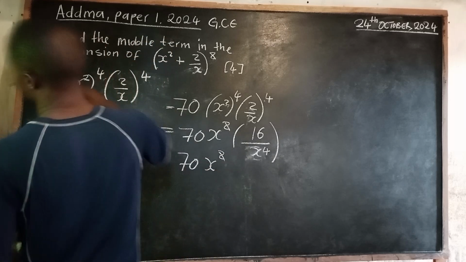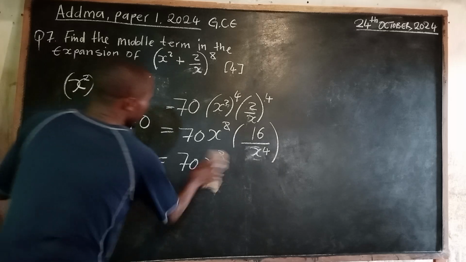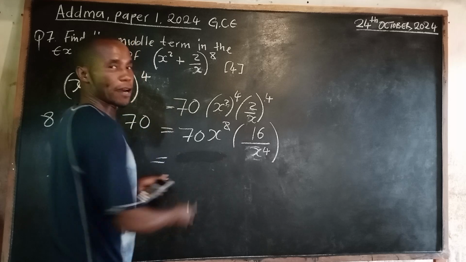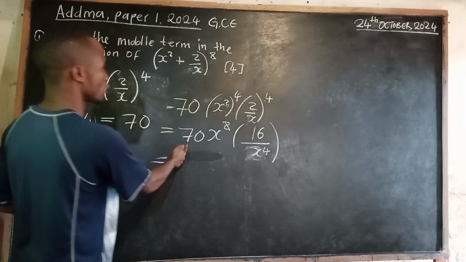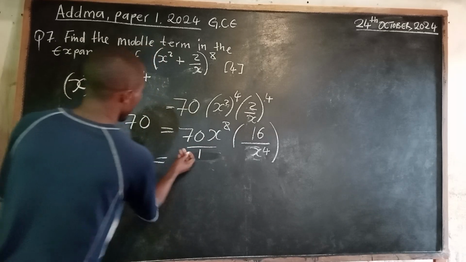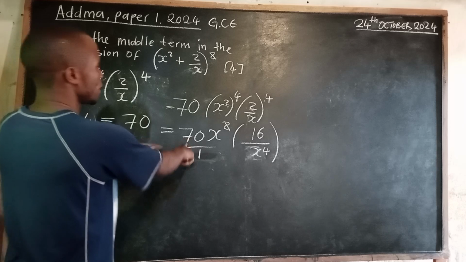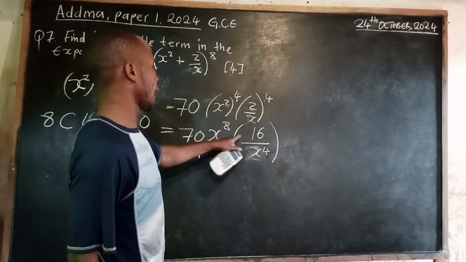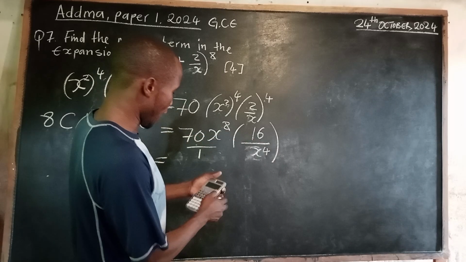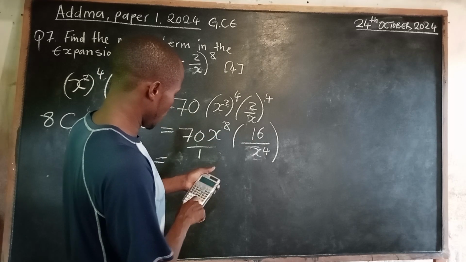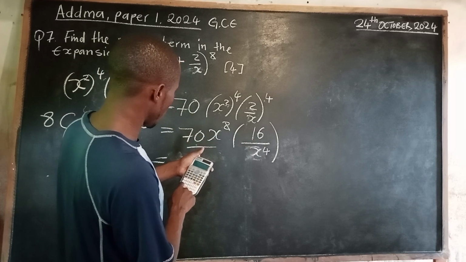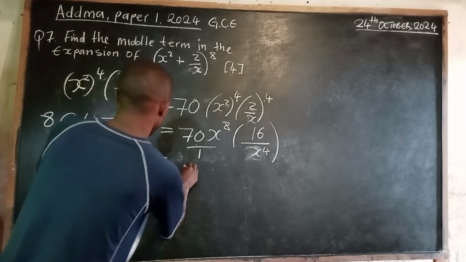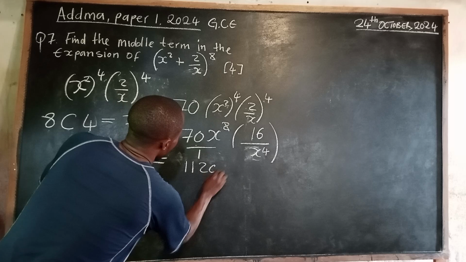Remember, between here we have a multiplication sign, so we are going to multiply. Here we can say over 1. Then we say 70 x power 8 times 16. What is the answer? 70 times 16 is 1120.